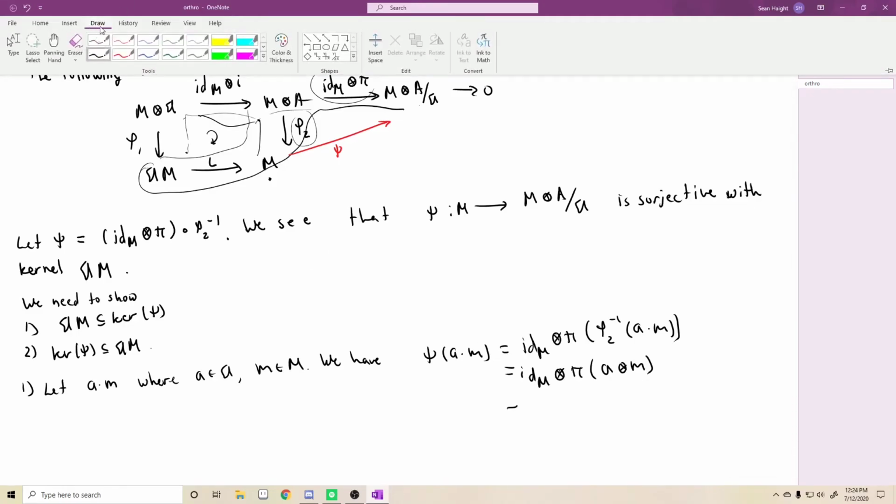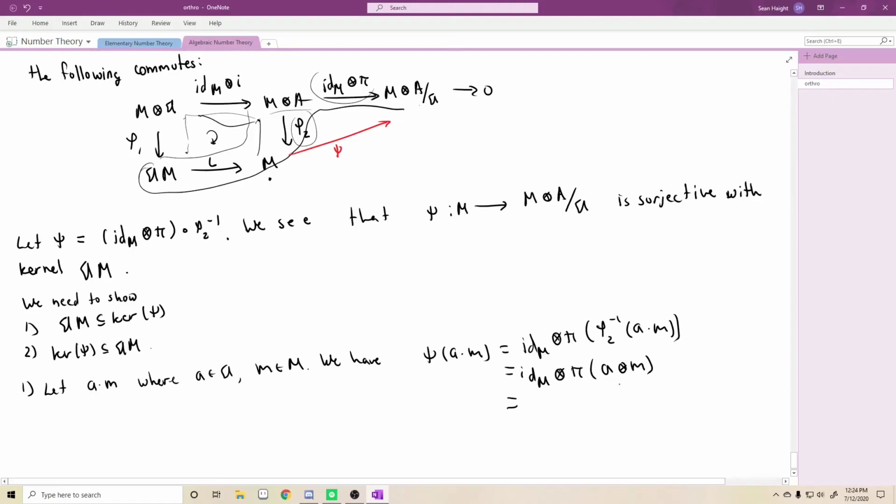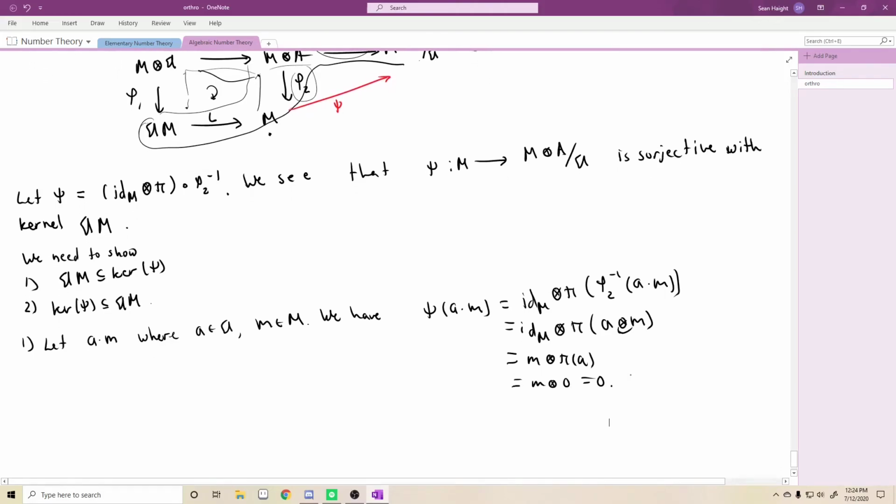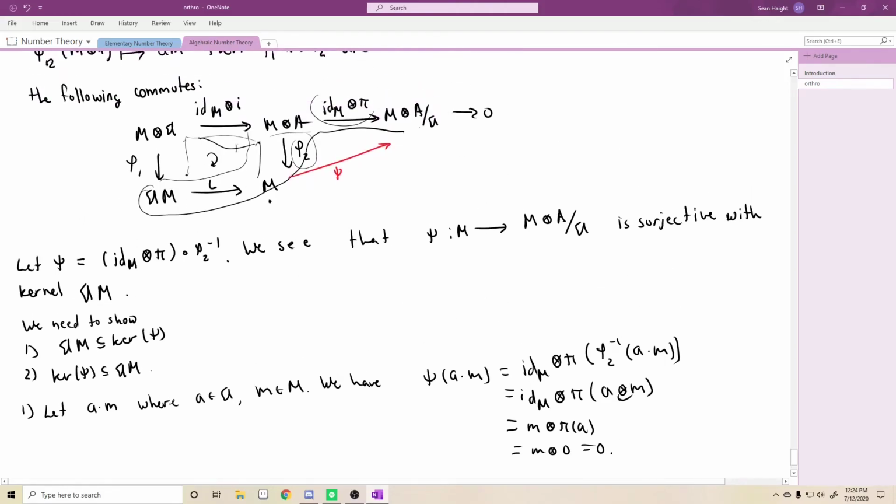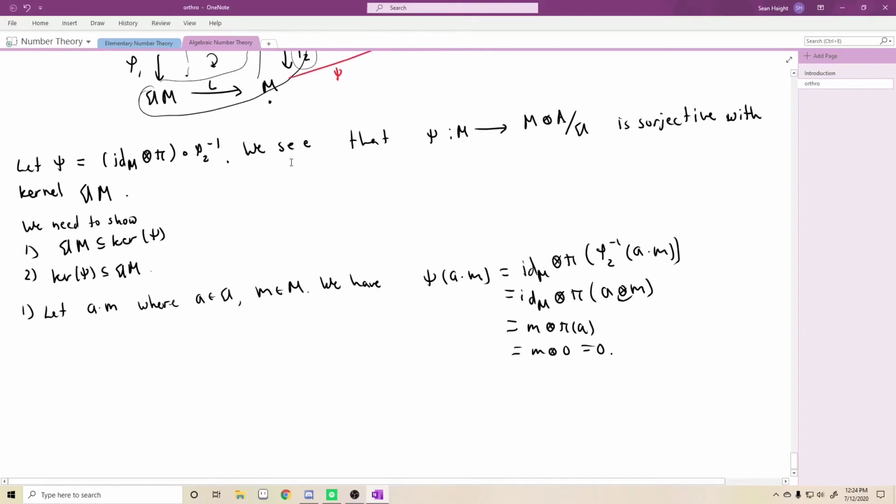Sorry about that. Okay, I'm just going to ignore that and pretend these two are swapped. This is going to be m tensor pi of a. Well, since a is in this ideal A, pi of a is 0. So this is m tensor 0, which is 0. Okay. So at this stage, I didn't even have to use the commutativity of this diagram. I actually just had to use the definition of varphi2.